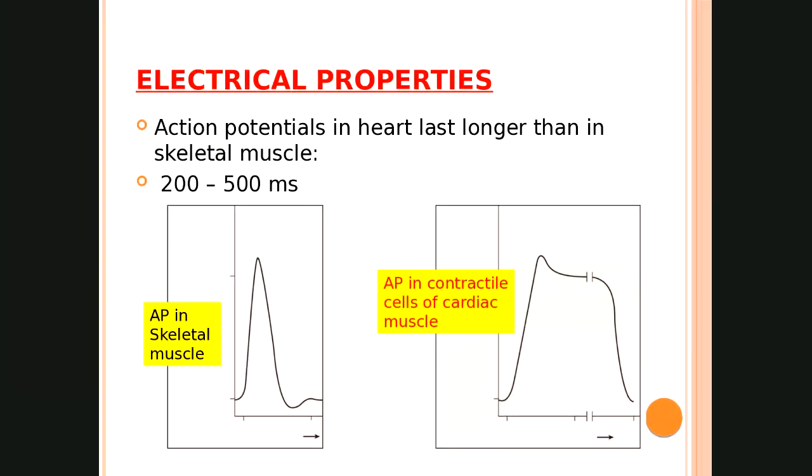Okay. So now at this point, what we need to look at are the ways in which action potentials are created in both the contractile cells and the nodal cells. This right here is the AP, action potential curve, that we saw last semester for skeletal muscle.